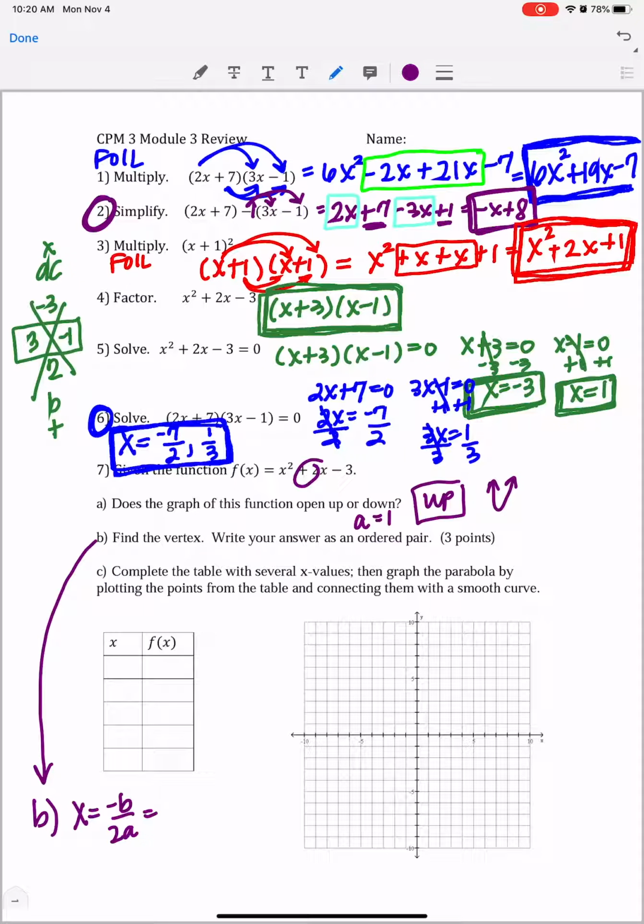My b is 2. So I've got -2 over 2 times a, which is 1. So we've got -2 over 2. So my x here is -1.